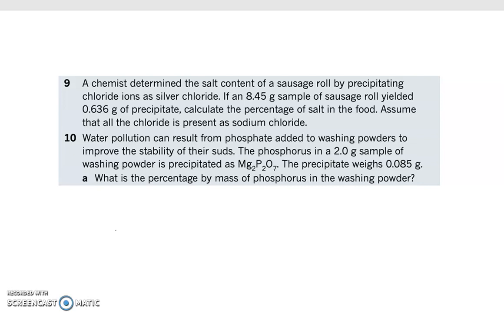Okay, awesome. So let's have a look at what the precipitate is, because that's going to help us here. So chloride ions as silver chloride. So silver chloride is my precipitate. And how much of that did I yield? 0.636. So what's going to form part of that precipitate here?